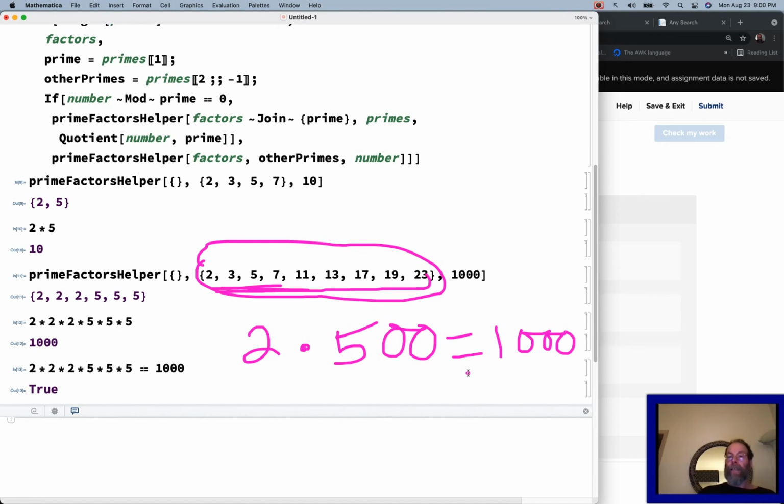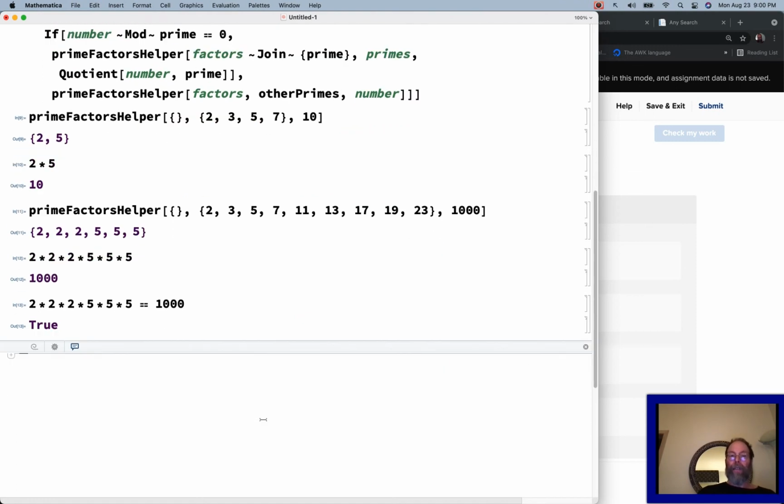All right, it doesn't make any sense to do that. So with that in mind, we can create the primeFactors function.